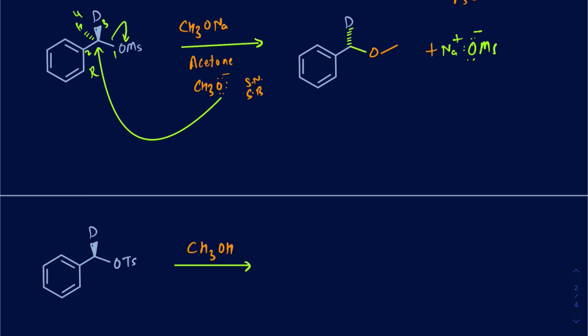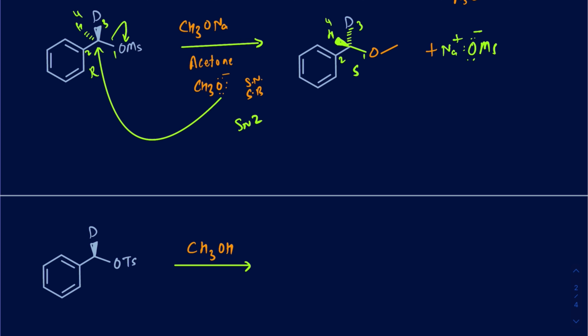When I push this back in the page, that means the hydrogen is coming out of the page. So that would be 4, that would be 1, 2, 3. Right now it seems like it's going clockwise, but then you would have to flip it because your lowest priority group is coming out of the page. So that is actually going to be an S configuration. So make sure you do an inverted stereochemistry in this particular case.